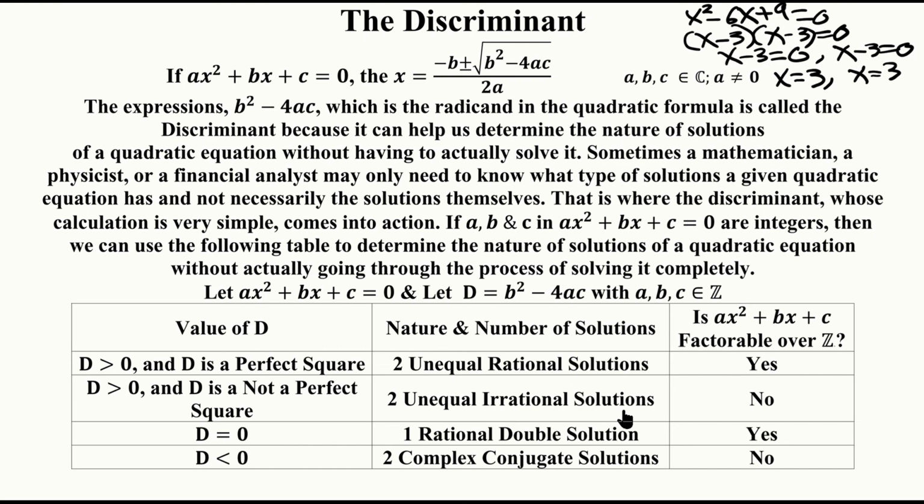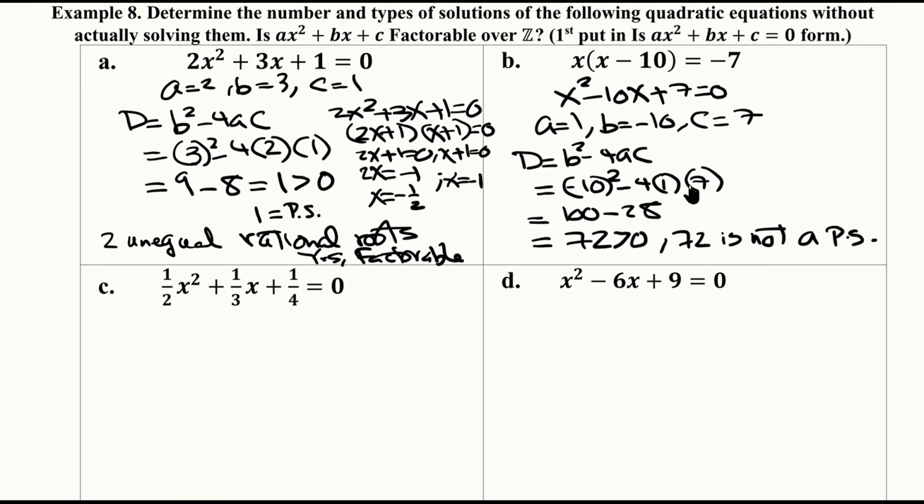And we've already found them earlier in the video. And as far as factorability of the ax squared plus bx plus c part is concerned, we of course know that that falls into the no category. So that's how we will go ahead and classify this particular problem.